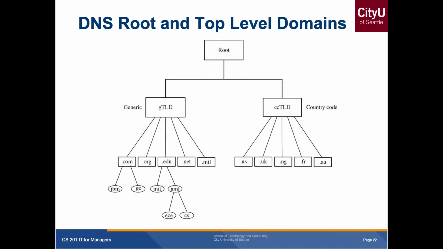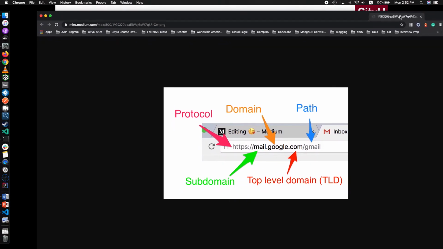Hierarchy. So we do have this hierarchy when we access domains. We have country codes, generic. We can also quickly Google domain URL. Okay, so this is a better example of an image like that.